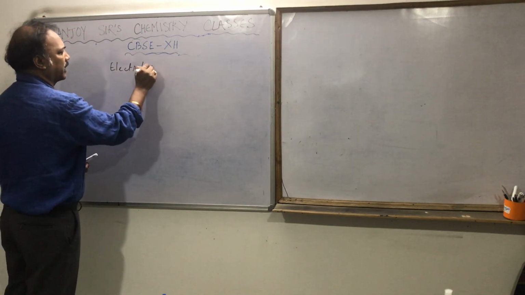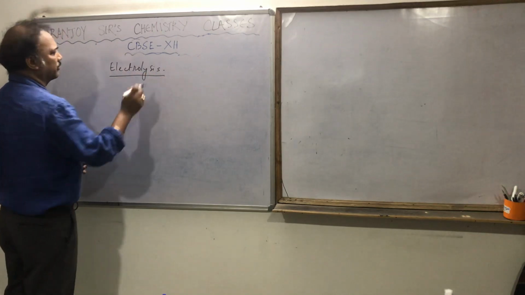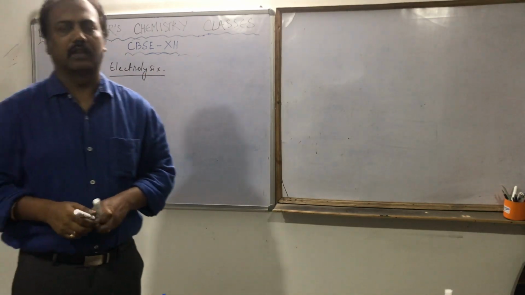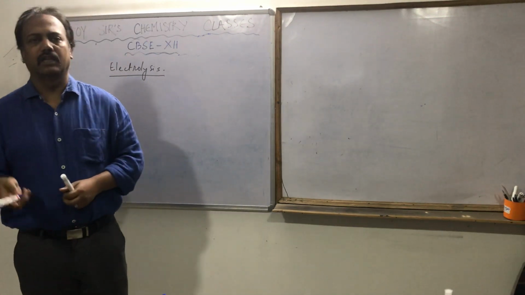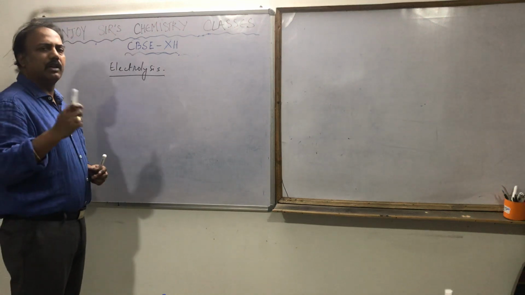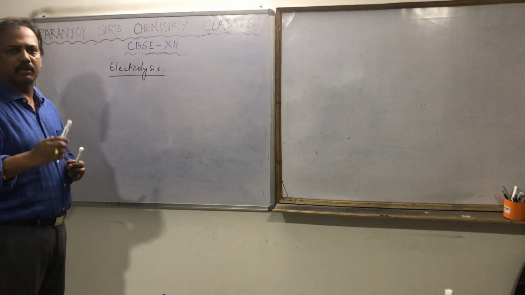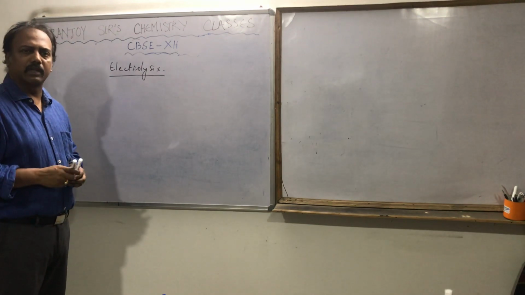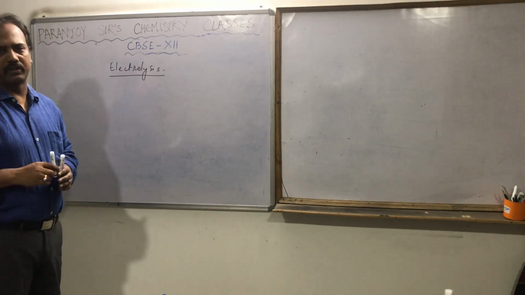Now what is electrolysis? I told you what is an electrolytic cell. An electrolytic cell is the device where electrical energy is converted into chemical energy. And that particular process of conversion of electrical energy into chemical energy is called electrolysis.